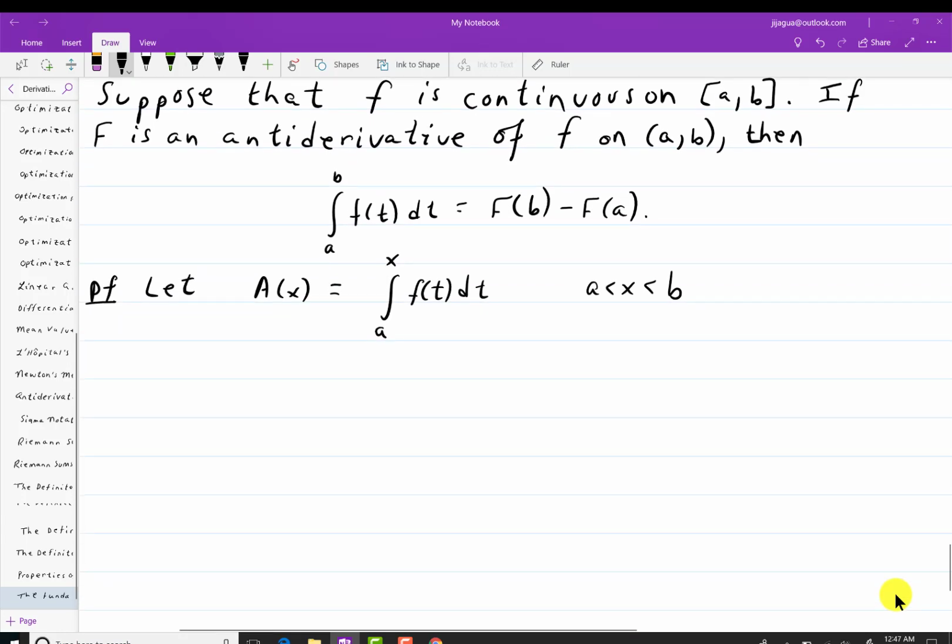Now since A prime of x equals f of x, which does happen to equal capital F prime of x because capital F is an antiderivative, A of x minus F of x is a constant.